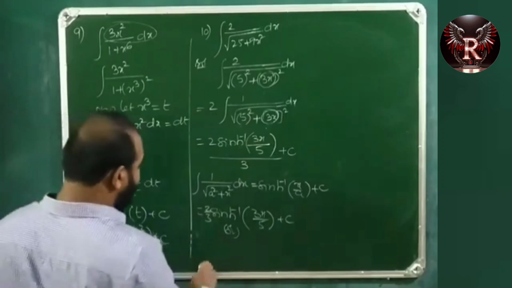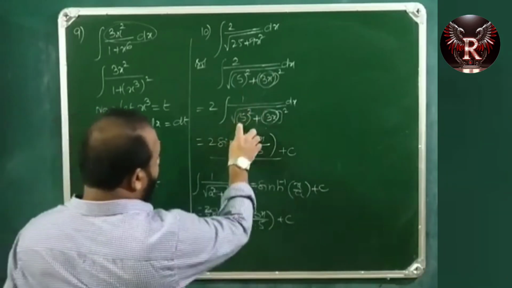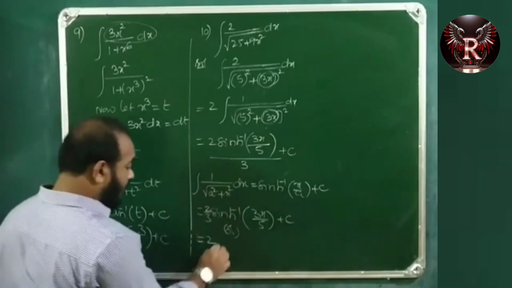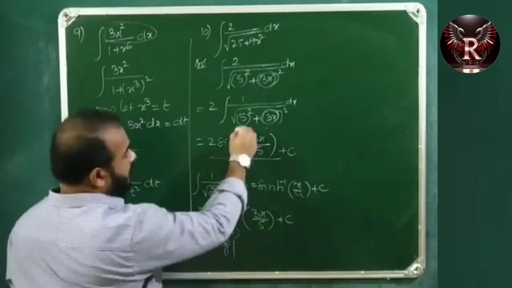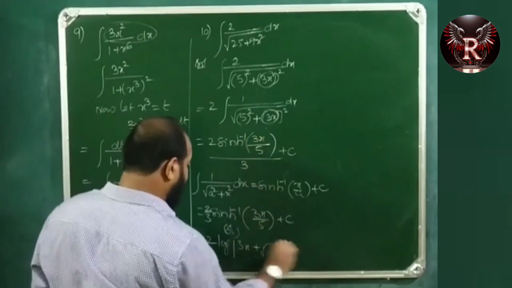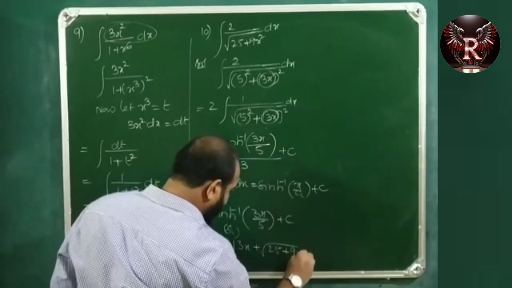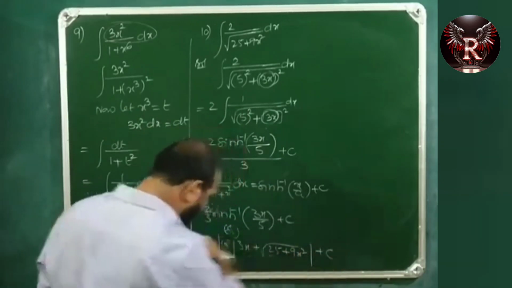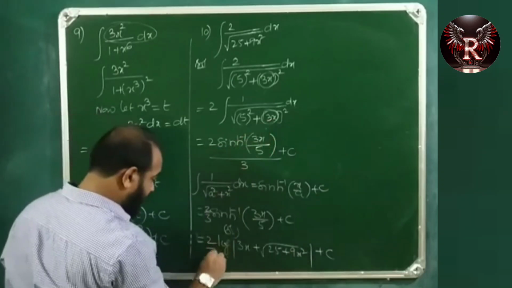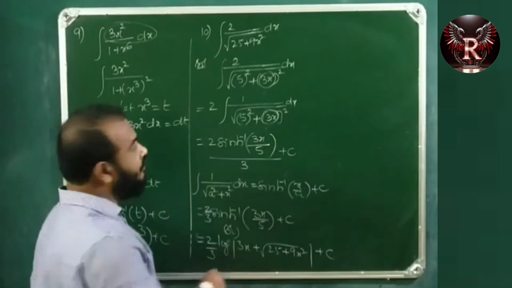So what I mean to say is, the integral of 1 by root of a square plus x square dx is log mod x plus, x is here 3x, plus square root of this again, 25 plus 9x square, plus c, divided by the coefficient of x, which is 3. So this is also another answer for this.